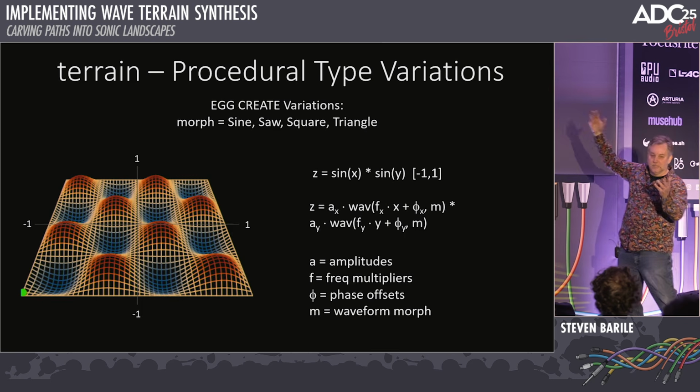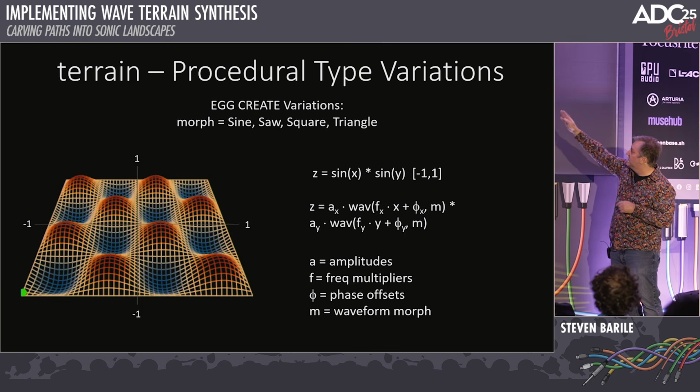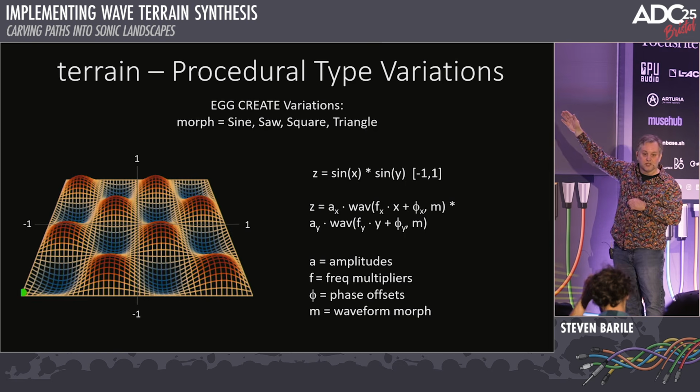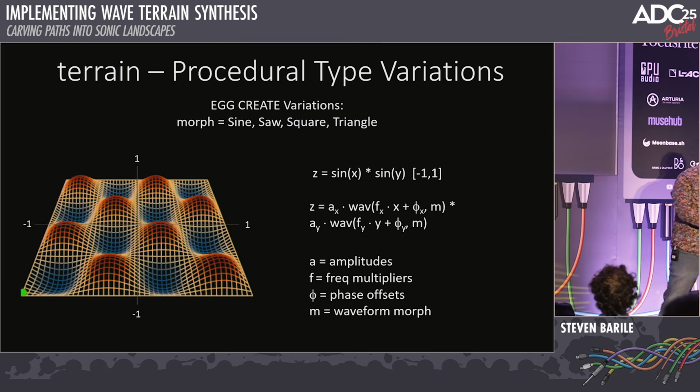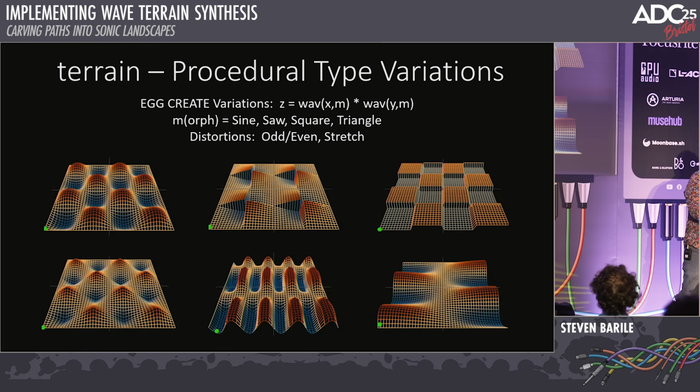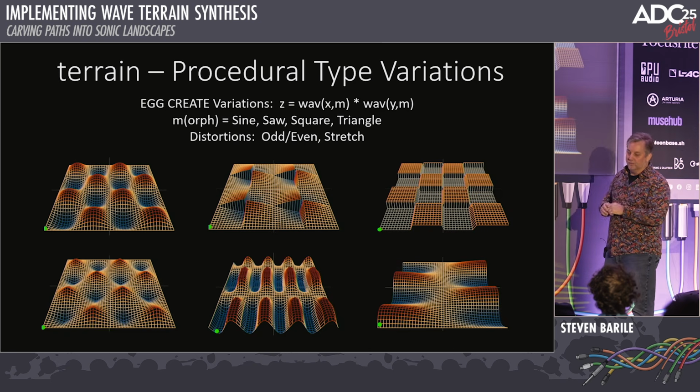So the reason why I'm bringing this math up is because all of these variables in these equations become targets for modulators. Okay, so this is where I was going with that wave function thing.